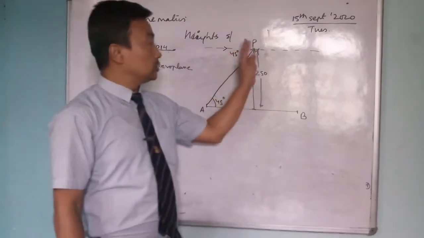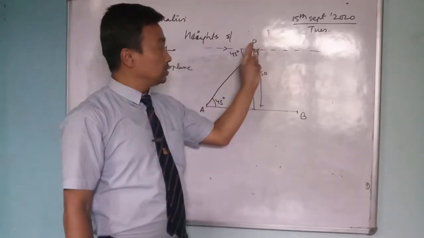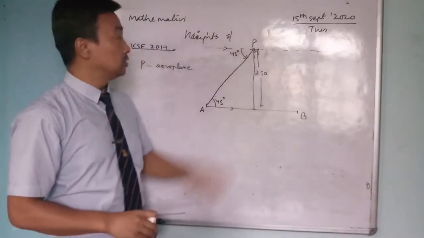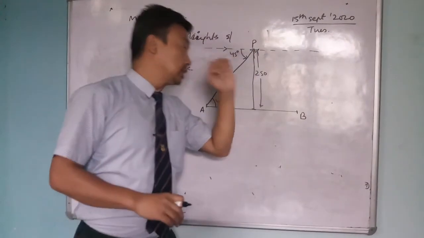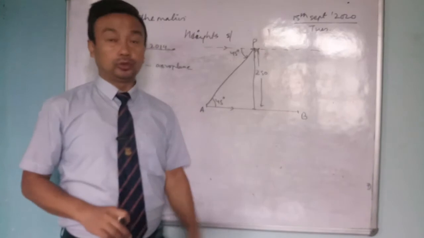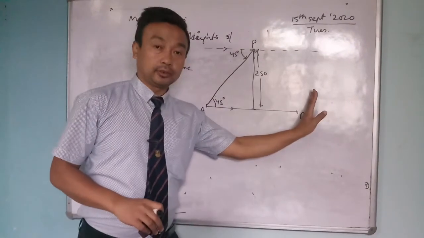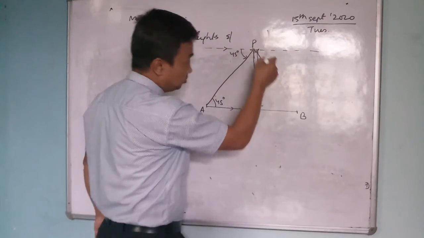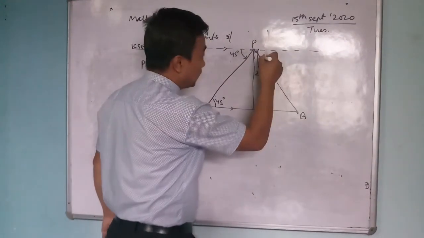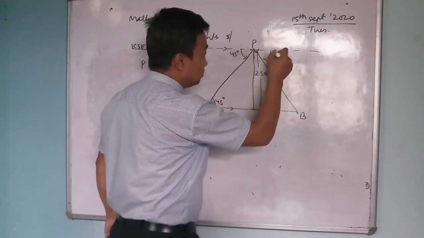Now suppose the pilot inside will turn that side and observe the other boat which is on the other bank of the river, and he finds that the angle of depression is 60 degrees.